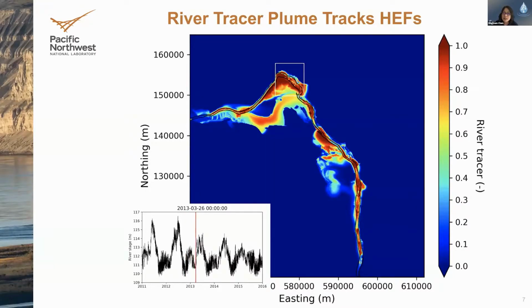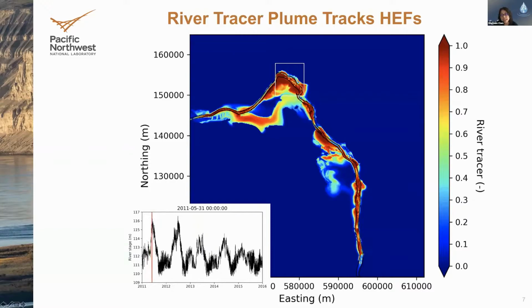The redder color means more river water in the groundwater system, and the blue is more dominated by the groundwater. So over time you can see those hot spots of exchange, indicated by the presence of more river water in that place.